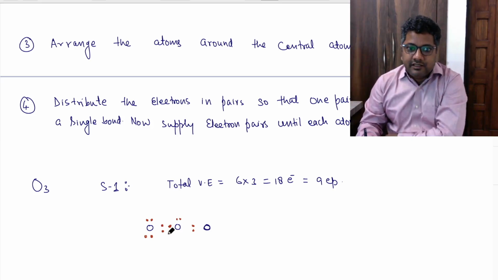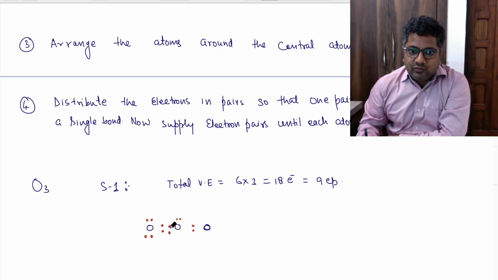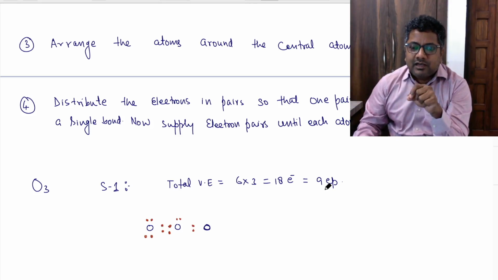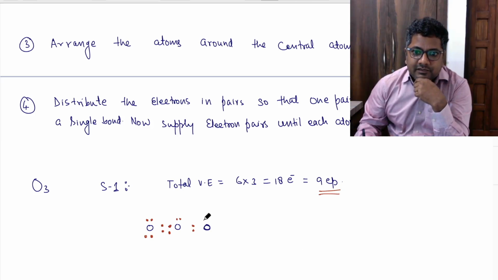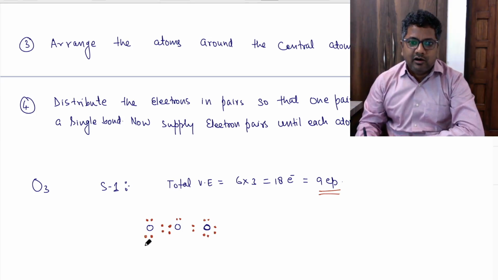So see here, 2, 4, 6, 8. This also has completed 8. Now how many electron pairs have you distributed? 1 2 3 4 5 6, means 6 electron pairs you have distributed. You have total 9 electron pairs, so you have 3 left. So you can put 3 like this.